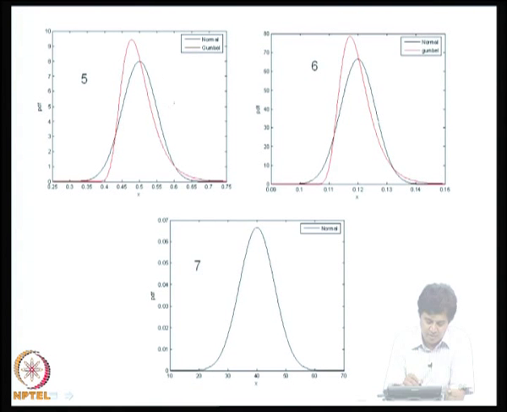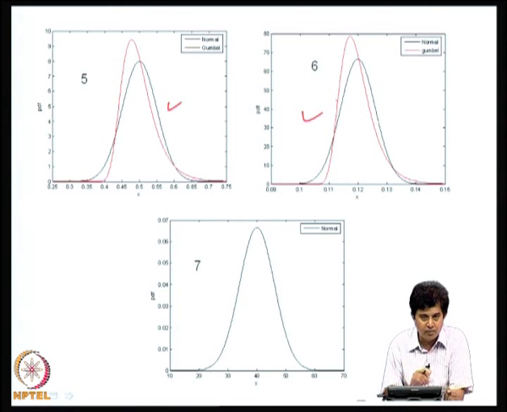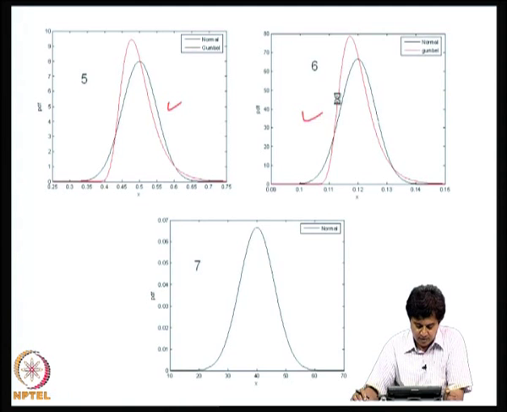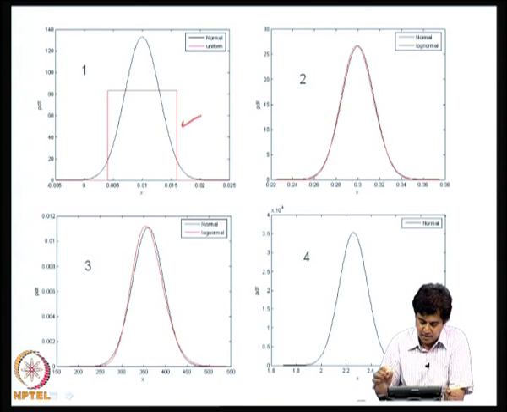So, there is considerable departure here, here, and of course, for the uniform distribution x1 there is a good departure, whereas here although the random variable is log normal, the difference between normal and non-normal is not that much.